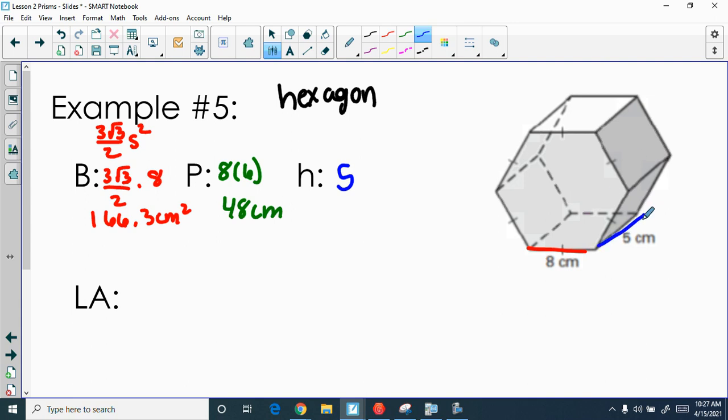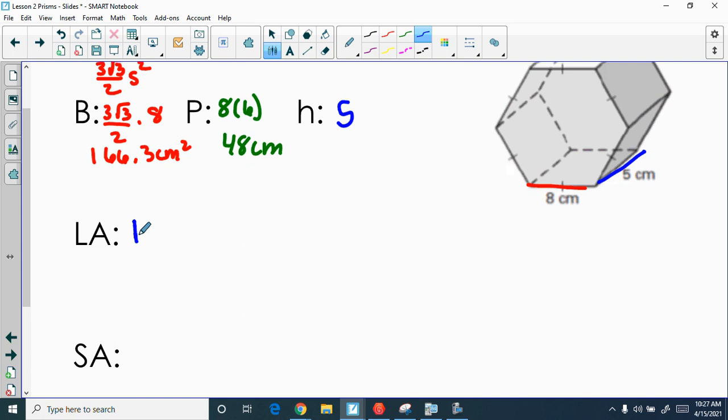Again, that's the piece that is our rectangle. So our lateral area will be height times perimeter, which is equal to 5 times 48, which gives us 240 centimeters squared.